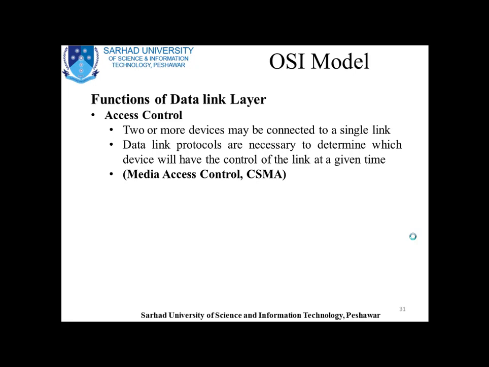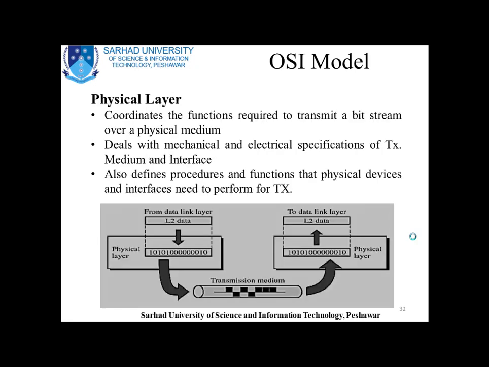And for medium access control, I hope you have studied slotted ALOHA, pure ALOHA, and different techniques like scheduling, polling, token ring, and the most commonly used, CSMA and CSMA/CD and CSMA/CA, collision detection and collision avoidance. These are all there to ensure that there is no collision among the devices which share a medium. For that reason, we use access control in the data link layer.